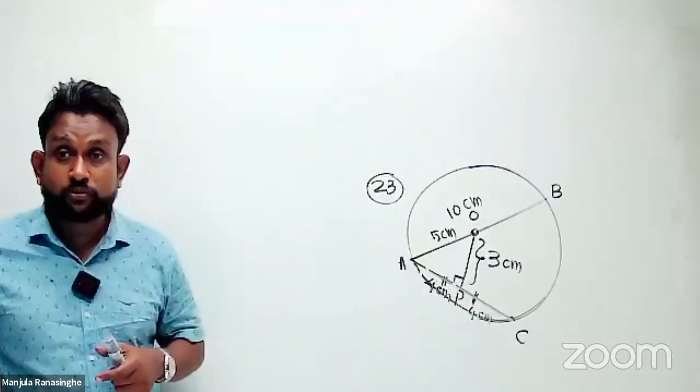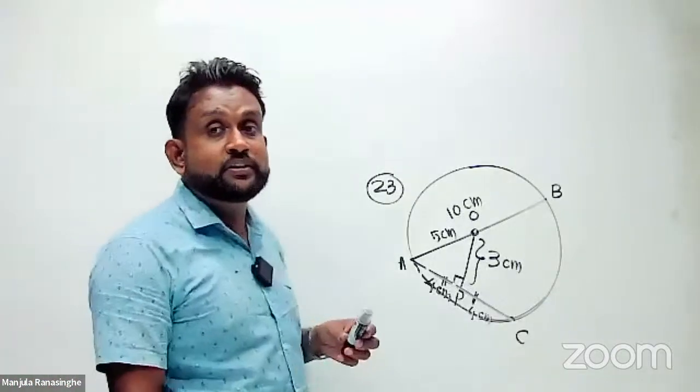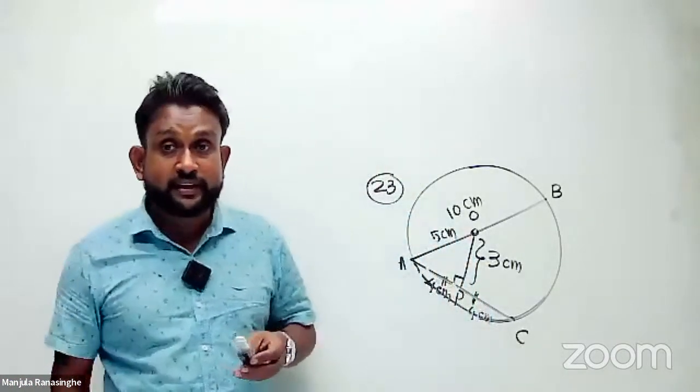Right, now we are moving to question number 24. A and B are two points 8 centimeters apart.